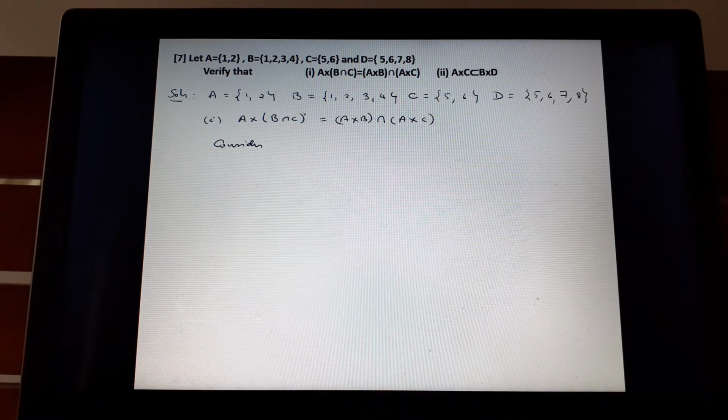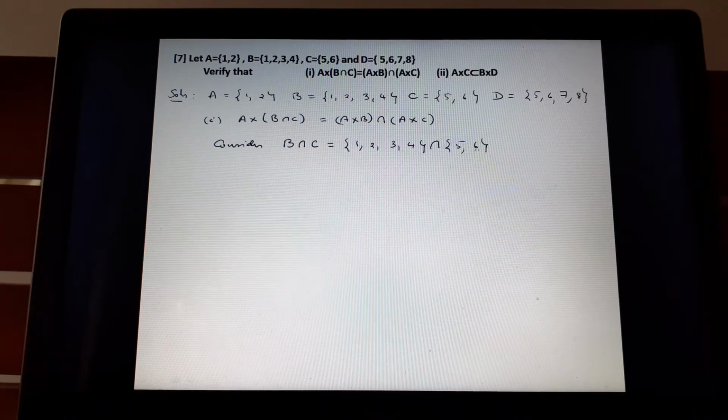Because here I have to find B intersection C first, B is {1, 2, 3, 4} and C is {5, 6}. Definitely there is no common element. This is pi.